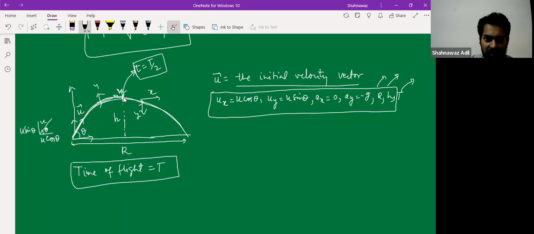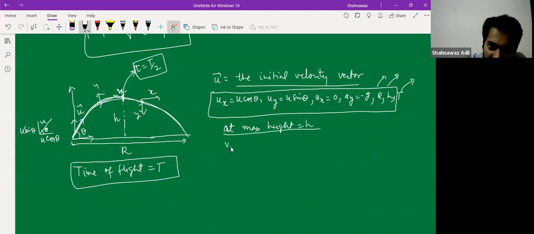So at maximum height, let's say h, your Vy is 0, and time is t by 2. Let's apply these two things.